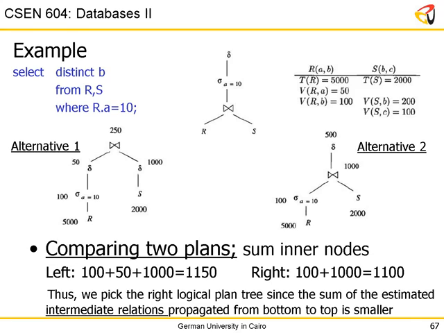How many possible trees exist? There are many, but just looking at these two, I'm just going to give you an idea about what actually happens in a database engine in terms of the cost estimation. So now we know how to do the estimates for all the operations.